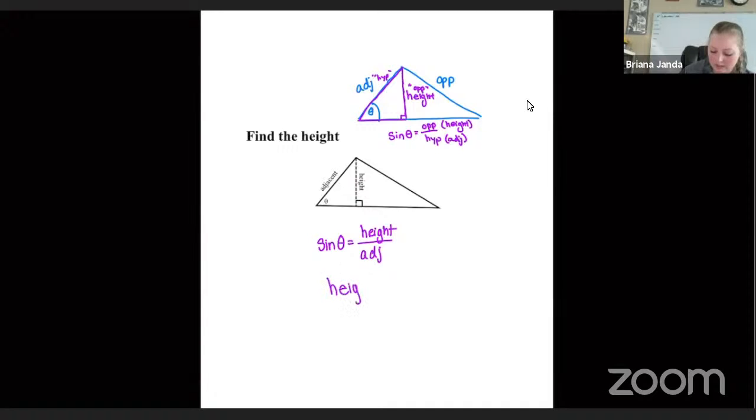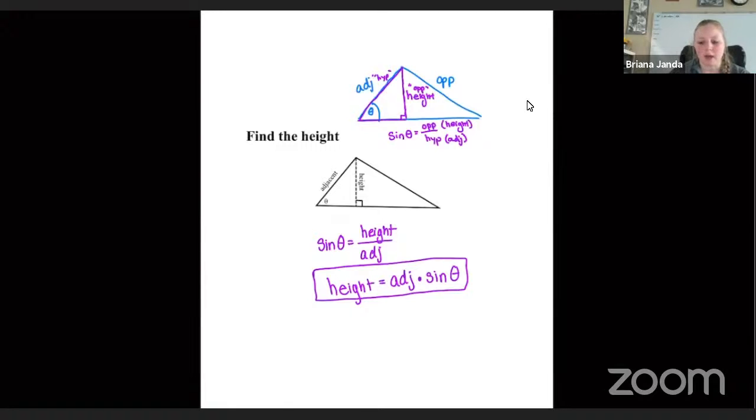The height will equal what we have identified as the adjacent side times the sine of the one and only angle that we are given. So I just want to show you where this is coming from. It's not just some magic formula. But in your flow chart, it says the height of our triangle will come from taking what we identified as the adjacent side times the sine of the angle that we have. And this is why.